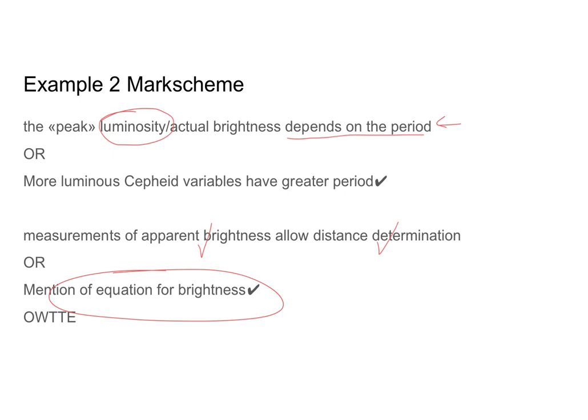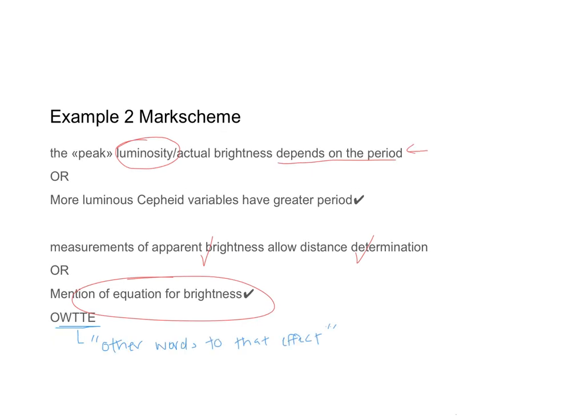You'll notice this question has some letters at the bottom, OWTTE. That means other words to that effect. What that means is that the grader has the freedom to look at your answer and see if it gets the gist of what this mark scheme says.